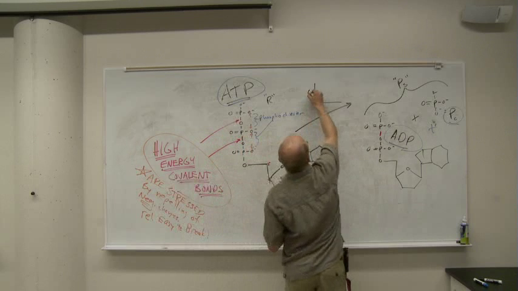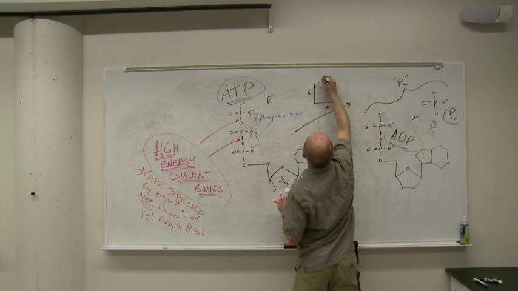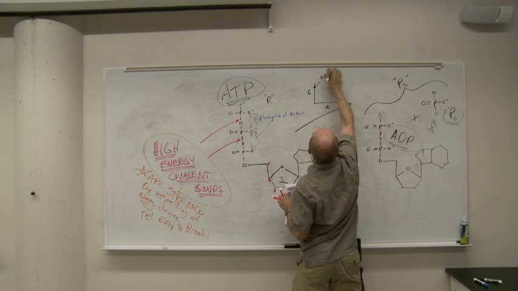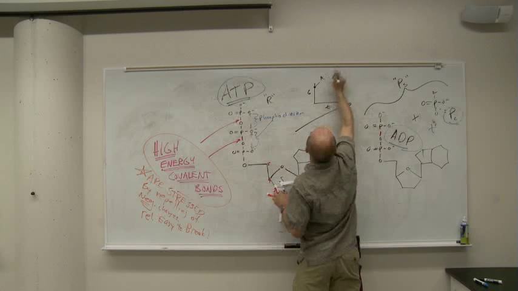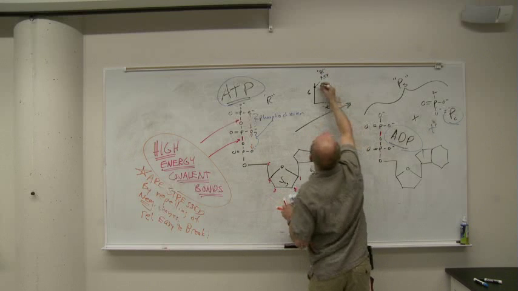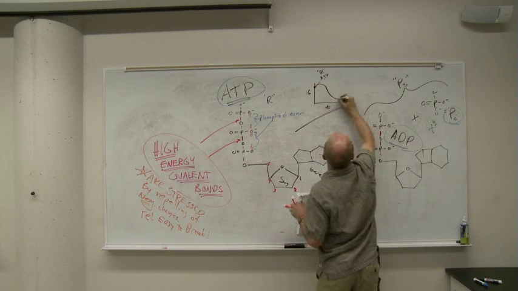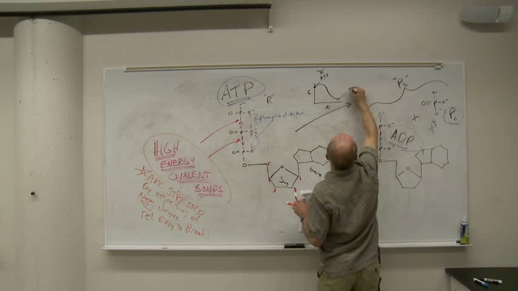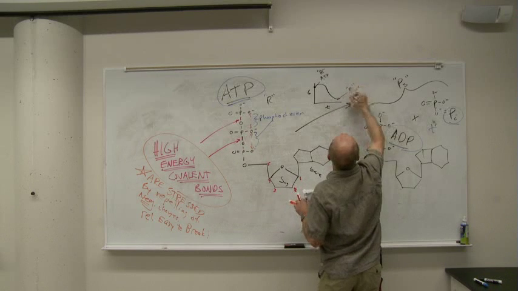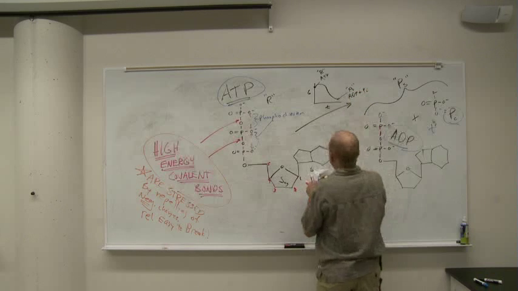Here's the graph, G versus T, and here is ATP, which of course is a reactant. This reaction has gone this way and produced our P's, which would be ADP plus Pi.